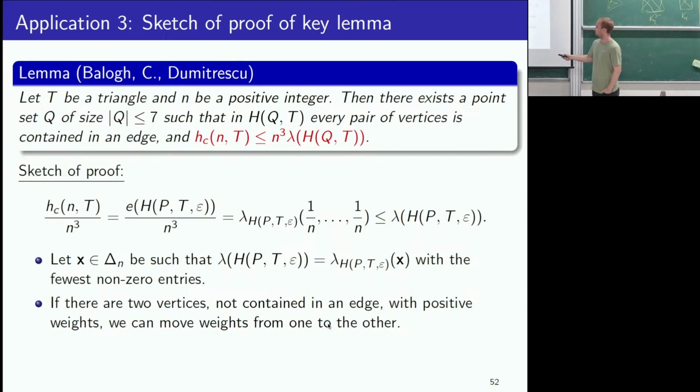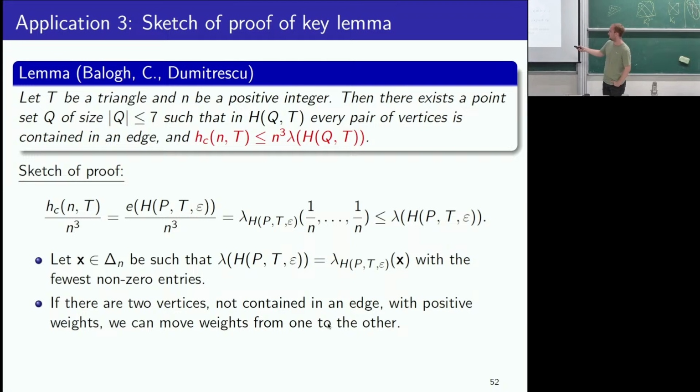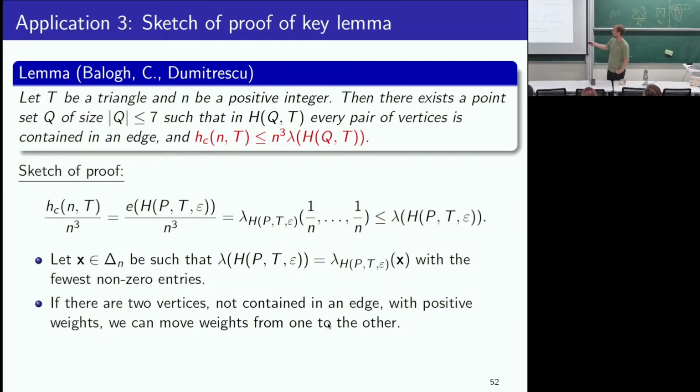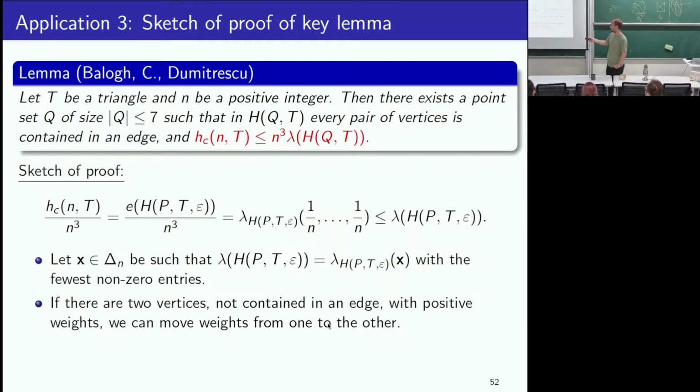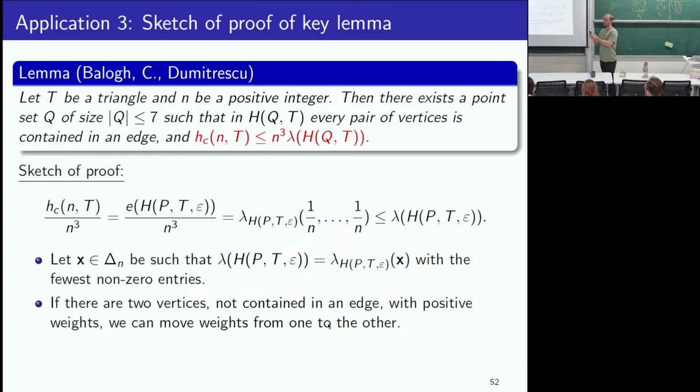And now one claim is, if you have two vertices which are not contained in an edge in this auxiliary 3-graph, where both vertices have positive weight, then we can move weights around. I can move the weight from one to the other.